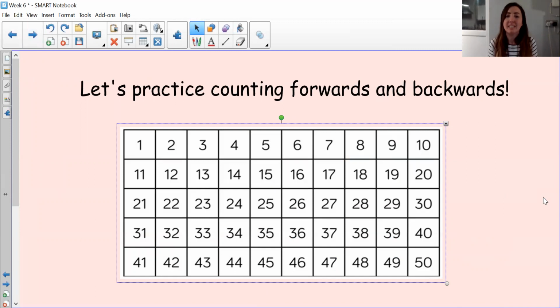Okay, so let's practice counting forwards and backwards on our number square then. So join in with me. We're going to start with counting forwards from 1.